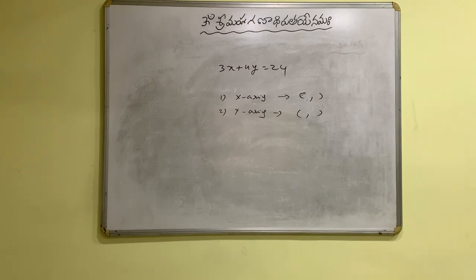Then what about the x-axis? The point of intersection of the x-axis is 8 comma 0. They are intersecting lines. They are intersecting lines. Good.